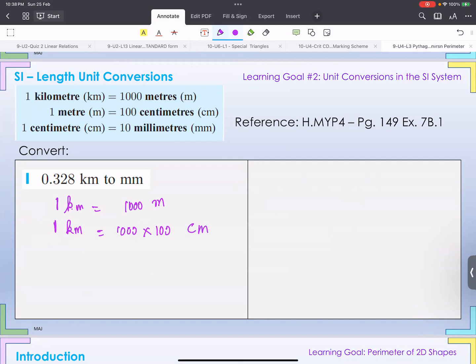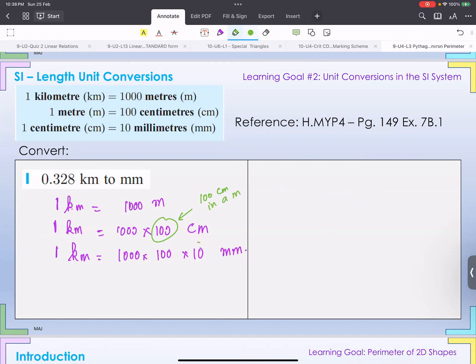Okay, so basically you're trying to write it in terms of centimeters, and then you can also write it in terms of millimeters. So basically this is coming because of 100 centimeters in a meter.